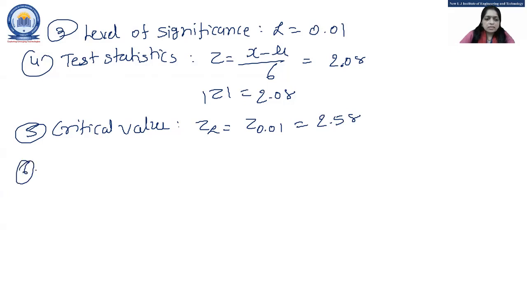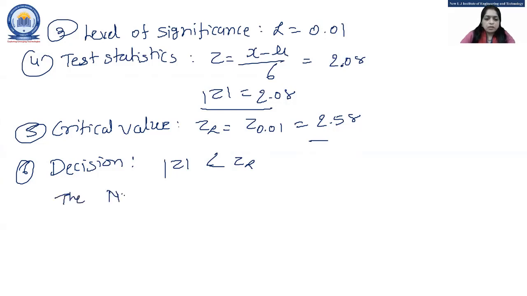Now, at the last step, the decision, by comparing the test statistic value and critical value. Here, mod Z is less than Z alpha. So as per the rule, if the test statistic mod Z is less than the critical value, the null hypothesis is accepted.